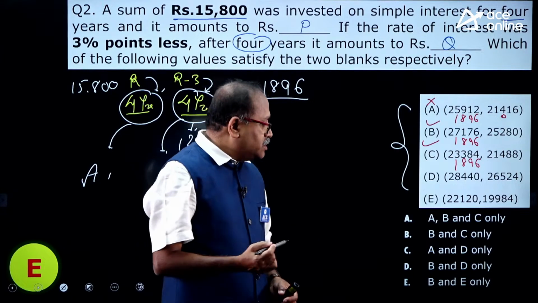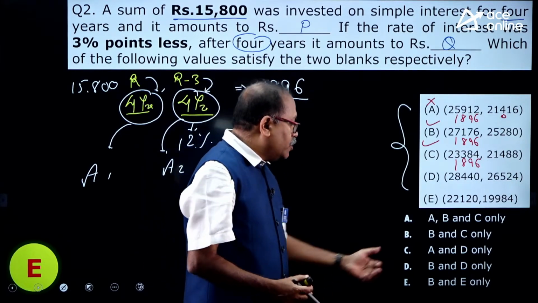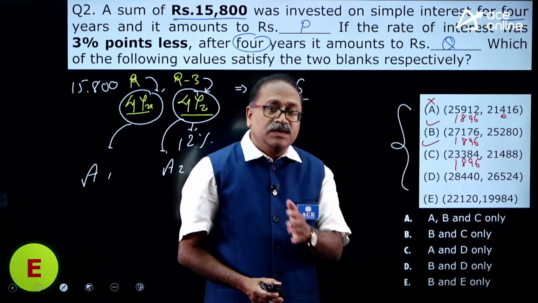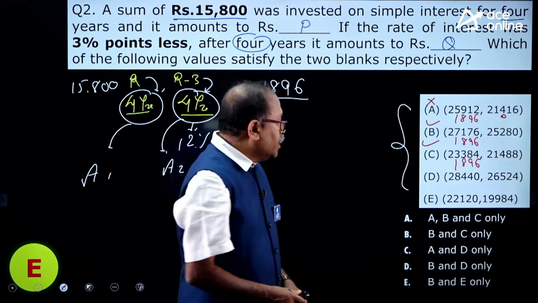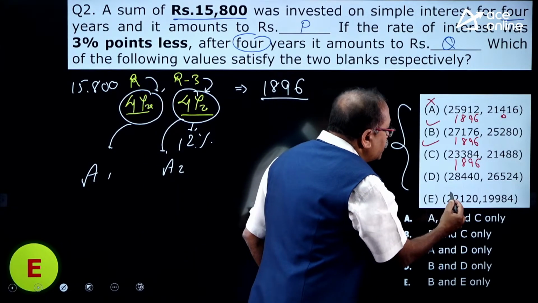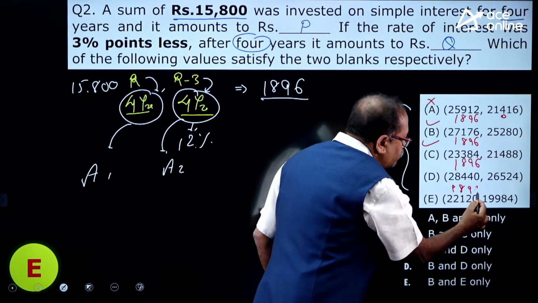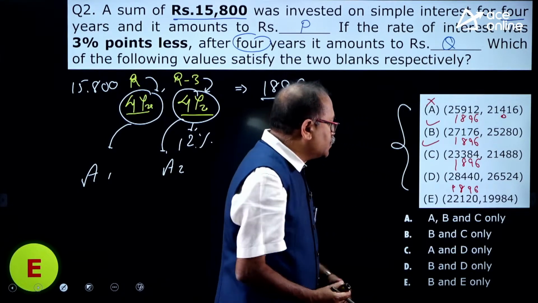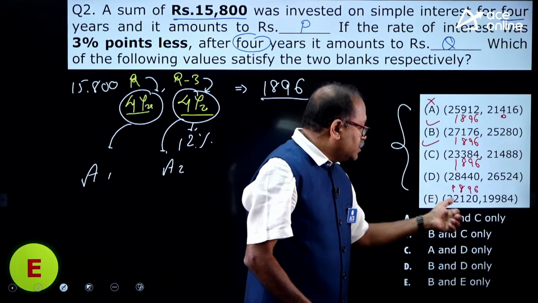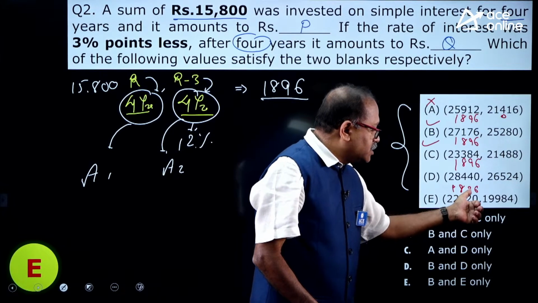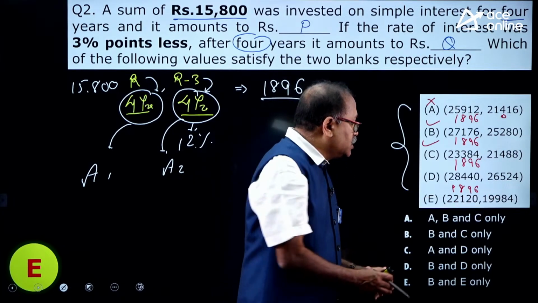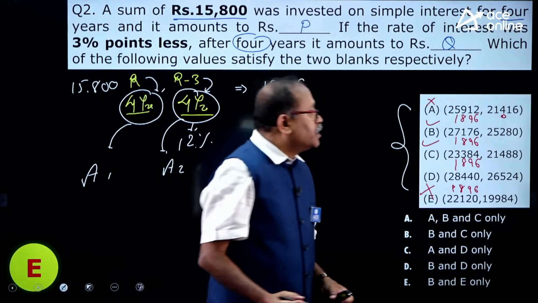Let me check whether E satisfies or not. Probably by mistake I put option E instead of option B. Let's check this one. If I take out 1896 from here, 10 minus 6 is 4, that's right, and then 11 minus 9 is 3, not satisfying, so it's not.